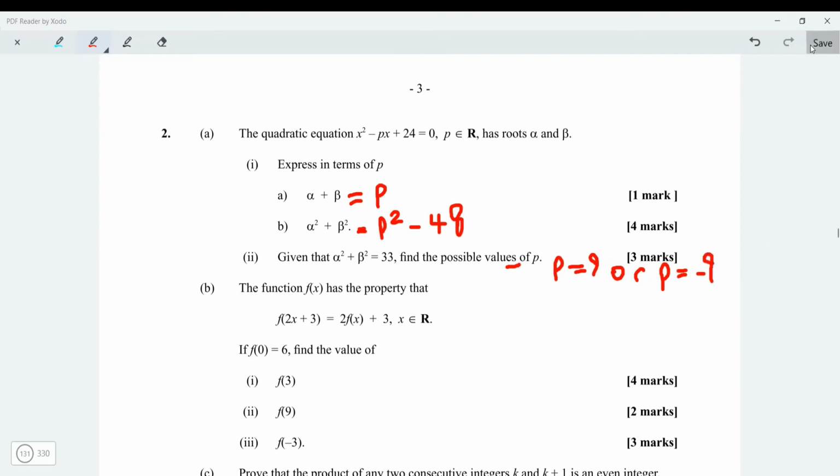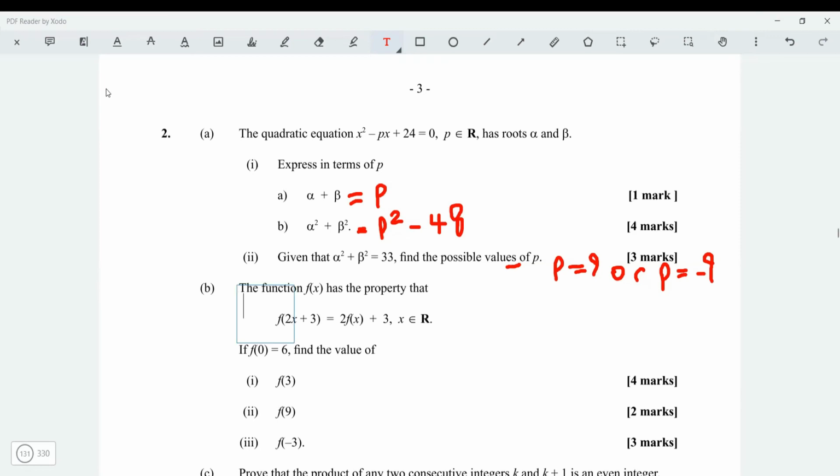Now, Marika, let's look at this function that they give us. They're giving us a very weird looking function. They said that the function f of x has the property that f of 2x plus 3 is equal to 2f of x plus 3. And we need to find f of 3, f of 9, f of minus 3.